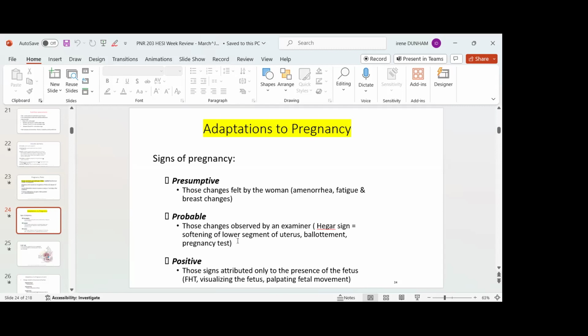Okay, you see this little guy in here? That's a fetus, and so that's pretty positive. If as a practitioner I have my hands on her abdomen and I can palpate fetal movement, that's pretty obvious. And then of course, if I hear fetal heart tones, that's pretty positive. So does everybody have the difference between presumptive, probable, and positive?